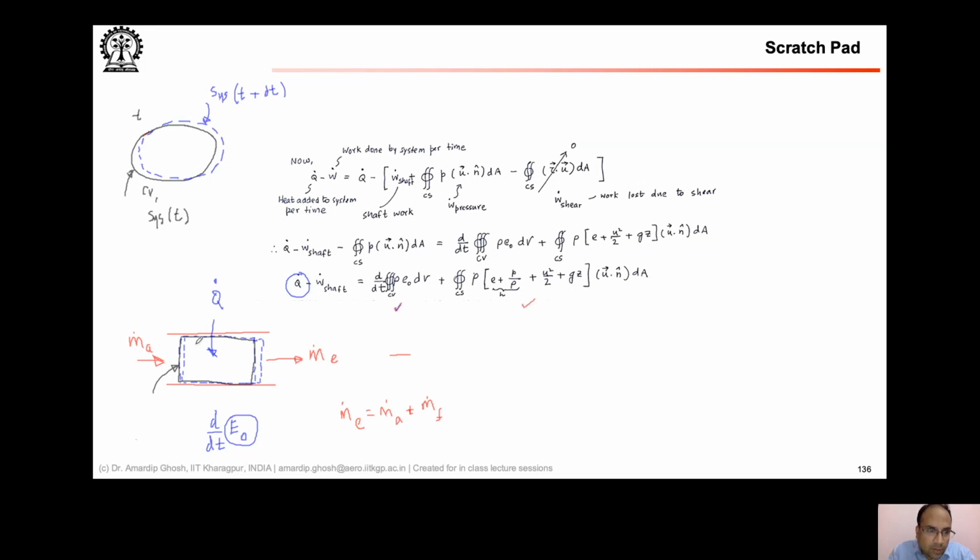Here again, if we think of a stationary system with respect to time, of course shaft work is not here in the combustor, so no turbine, no compressor. We can think of a stationary system in time.